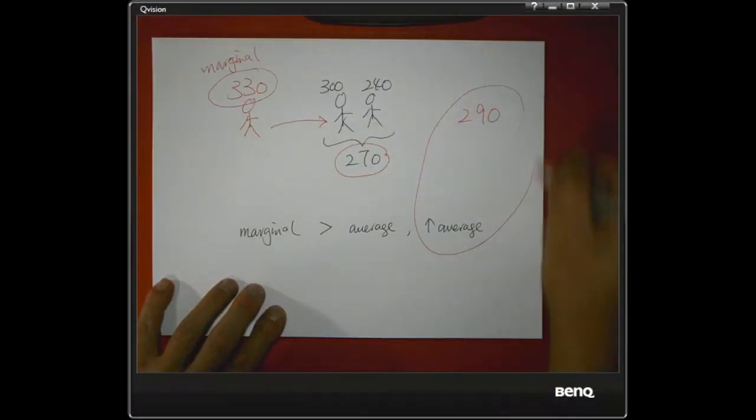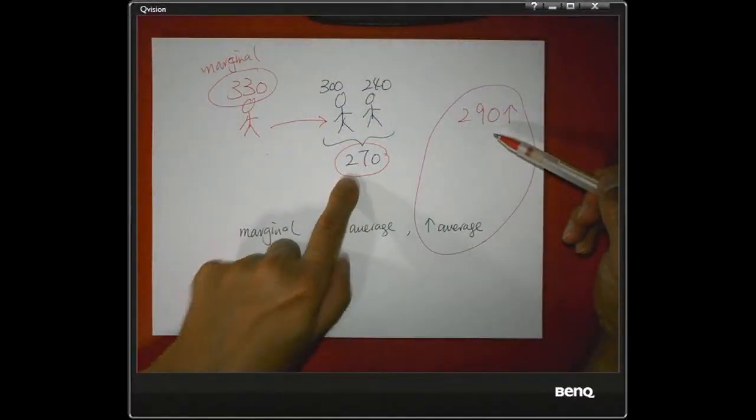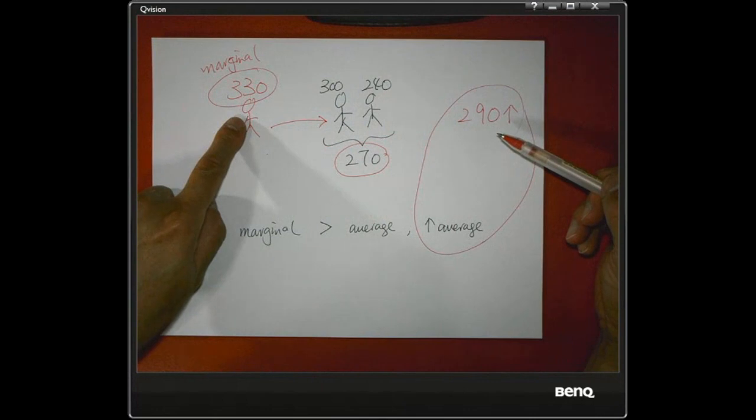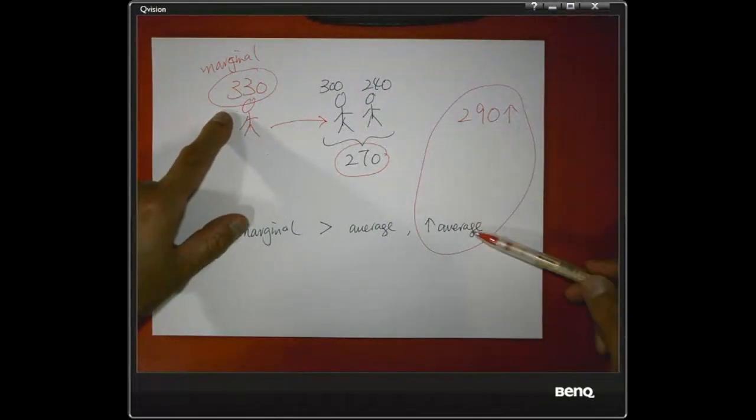That means the average would rise compared to 270. So adding a marginal that is greater than the existing average is going to pull up the average.